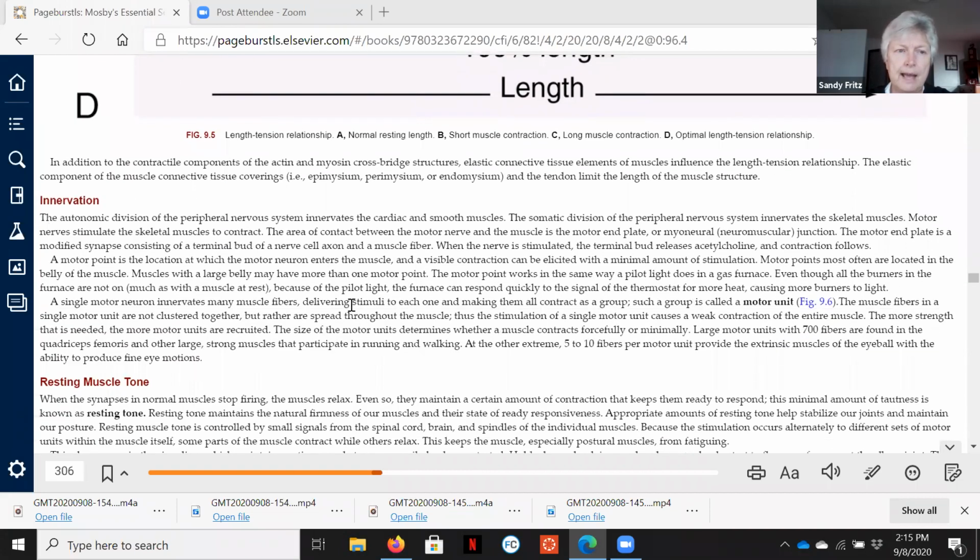Now, all of this happens through a neurochemical response. The nervous system at the end of the nerve, called a motor end plate, is going to release a chemical, and the chemical is going to cause this. And so it's a sequence.